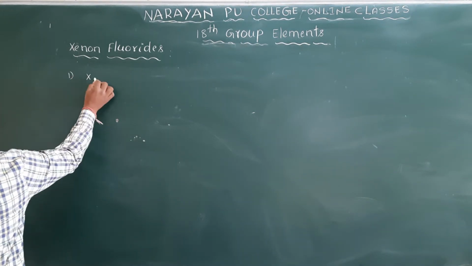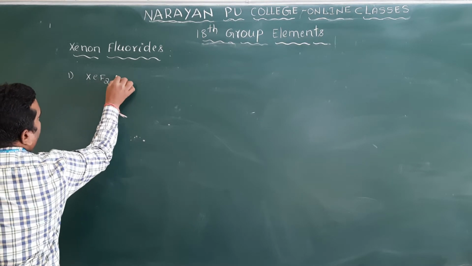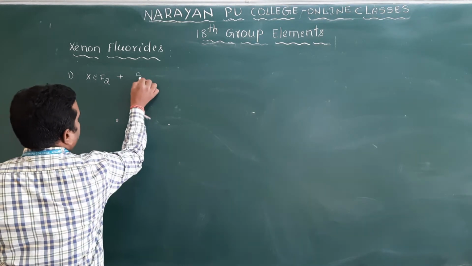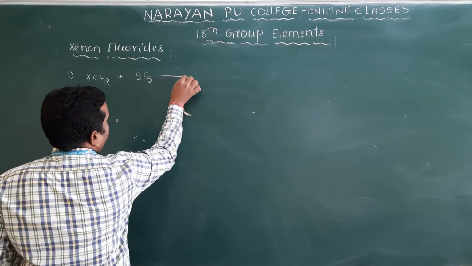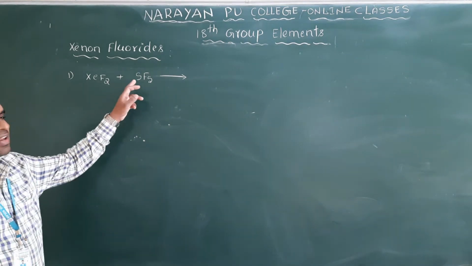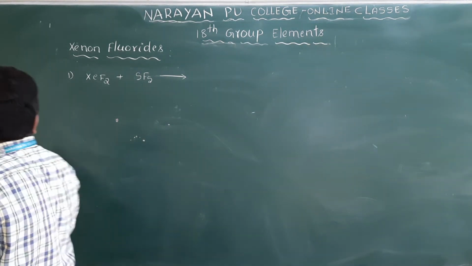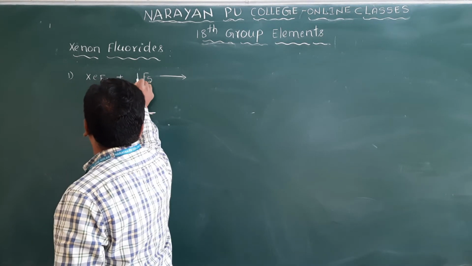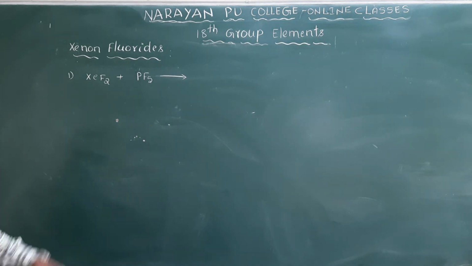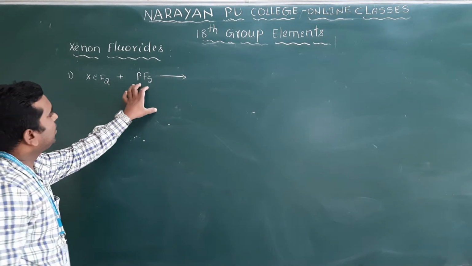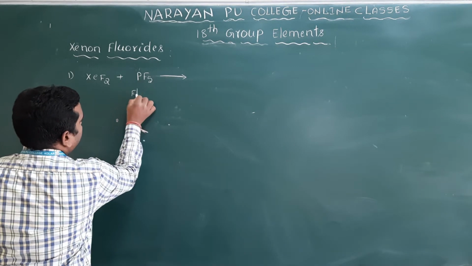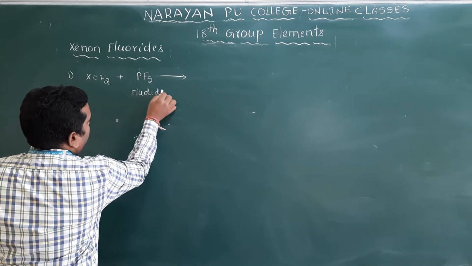Whenever xenon fluorides react with fluorine acceptors, if I take here SbF5... sorry, it is phosphorus pentafluoride, PF5, not sulfur. So what compound will you get? You see here in this case, PF5 is a fluoride acceptor.